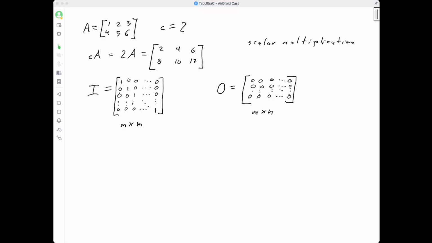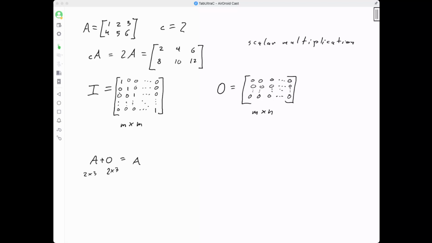And how do we mean that? Well, if I said A plus 0, well, since A is 2 by 3, for this to make any sense, my zero matrix would have to be a 2 by 3. So A plus 0, which would be just A because you're adding 0 to every entry.